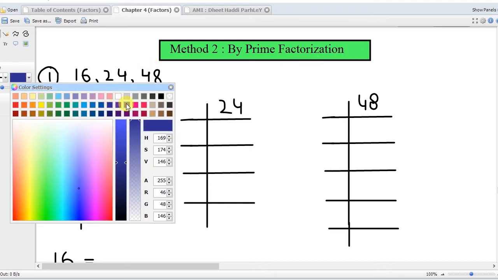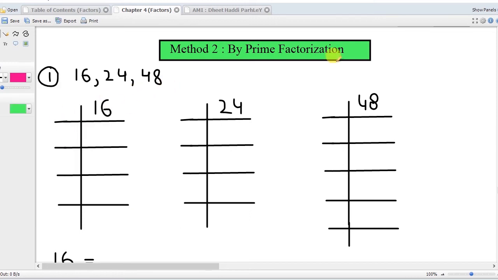So start solving the question. We have to do prime factorization using this method. So 2 times what number is 16? 2 times 8 is 16, 2 times 4 is 8, 2 times 2 is 4, 2 times 1 is 2. We are doing it very fast because we have already discussed the concept in detail in the previous lessons, right?